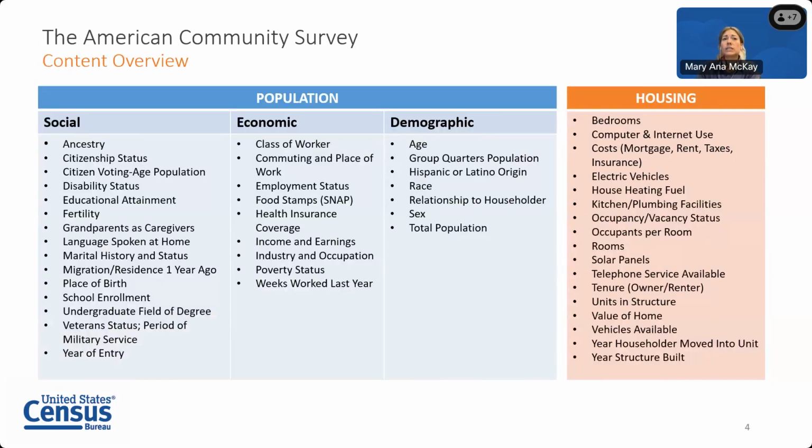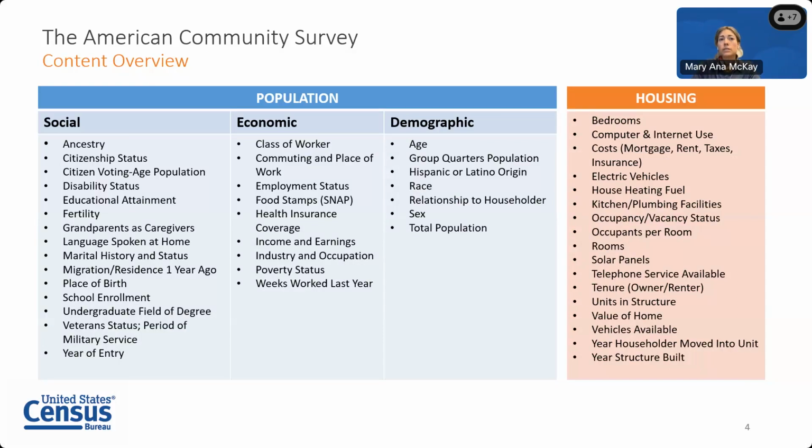So the ACS collects data across 4 key categories that I've already mentioned: social, economic, demographic, and housing. Social characteristics include topics such as education, language spoken at home, and veteran status. Economic characteristics include such topics as commuting to work, employment status, and income. The ACS also collects basic demographic characteristics such as sex, age, race, and Hispanic origin.